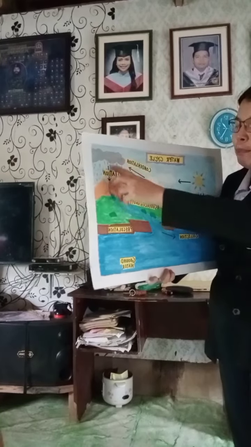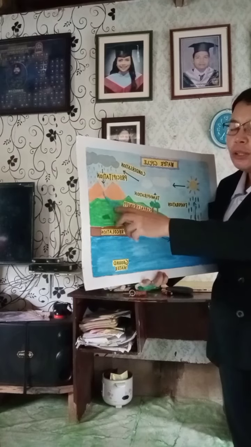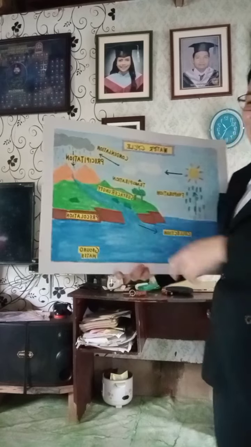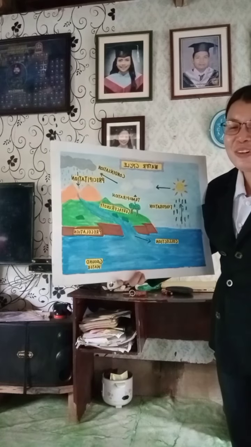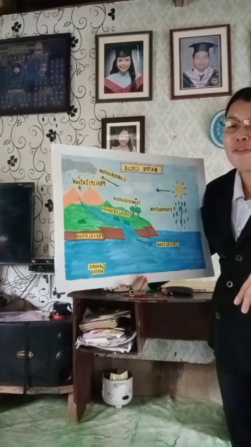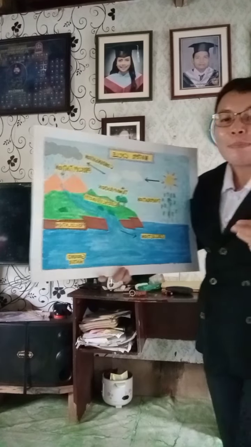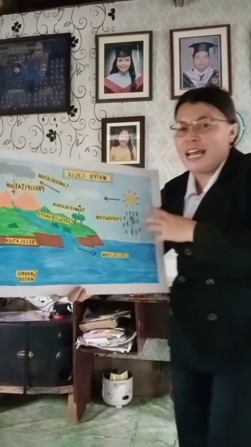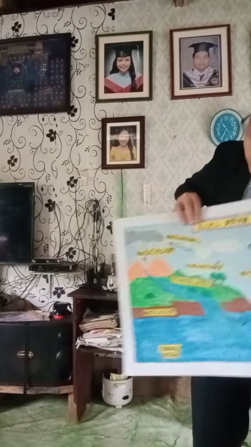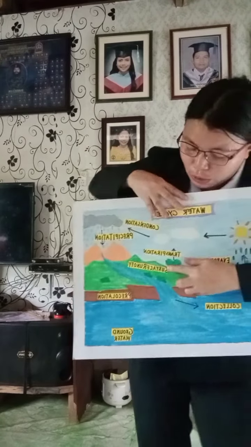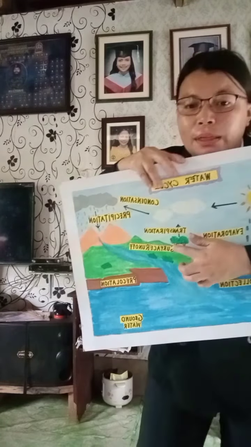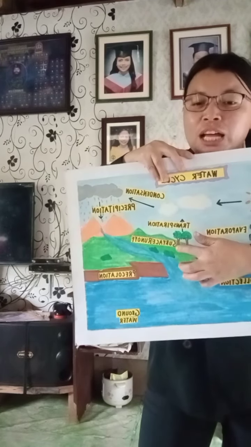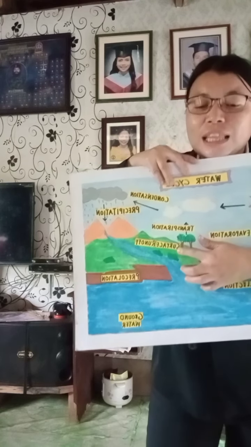So when the precipitation falls back to the earth, class, there is surface runoff. Much of the water that returns to earth as precipitation runs off the surface of the land and flows downhill into streams, rivers, ponds, and lakes. This one, class, is surface runoff. Small streams flow into larger streams, then into rivers, and eventually the water flows into the ocean.